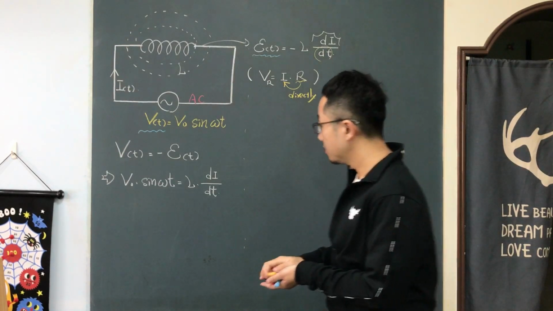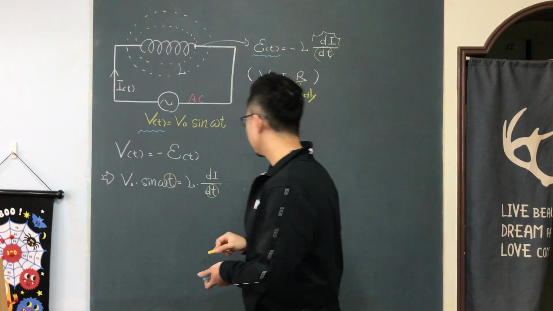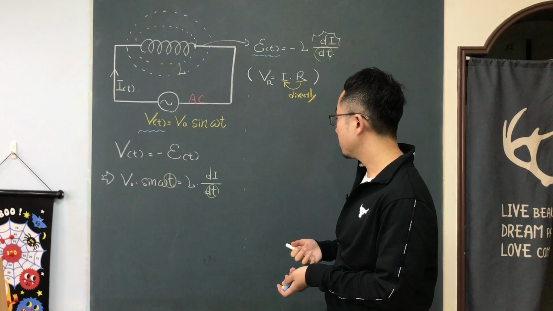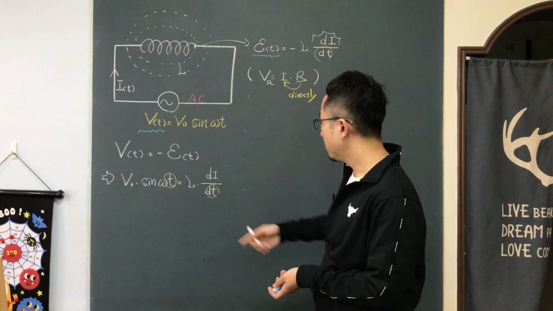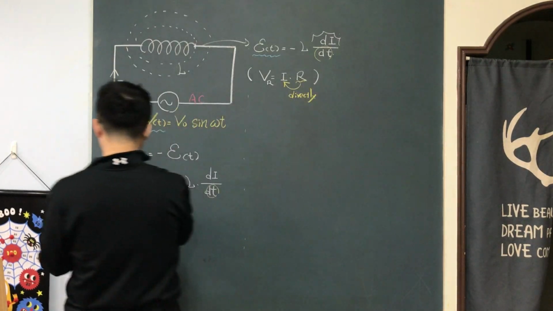We get the terms of t, sine omega t, and dt. I would like to move the dt to the right hand side.